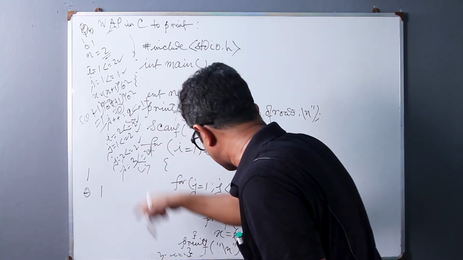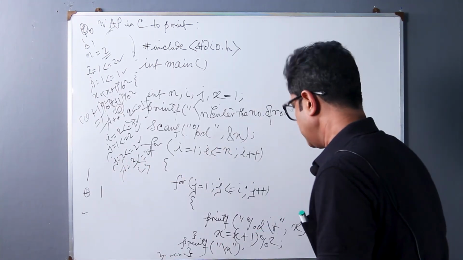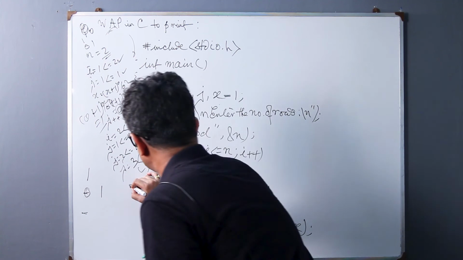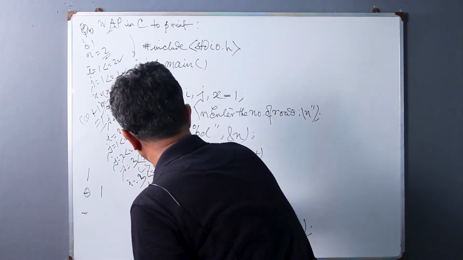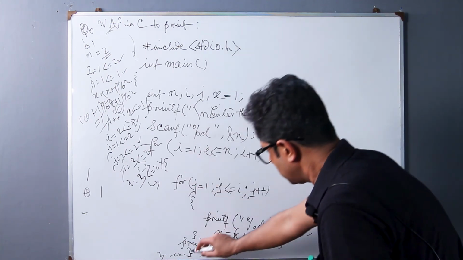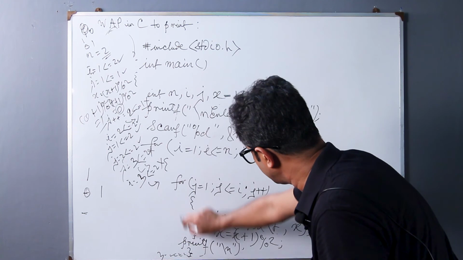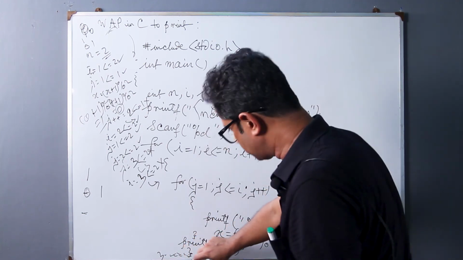The condition is false. We come out of this loop, print a new line, and then i is incremented to 3, which is not less than or equal to 2. The condition is not satisfied. We come out of the outer loop and go to the end section of this outer loop block.